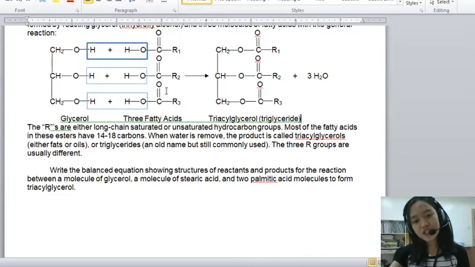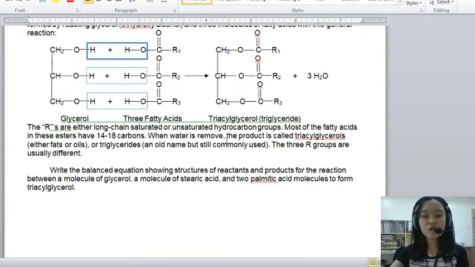Meaning, yung mga R dyan, pwede siyang continuous straight chain, pwede rin siyang chain of hydrocarbons na merong double bond. So, most of the fatty acids in these esters have 14 to 18 carbon atoms. Meaning, itong R1, R2, and R3, mostly sila ay fatty acids composed of 14 to 18 carbon atoms.